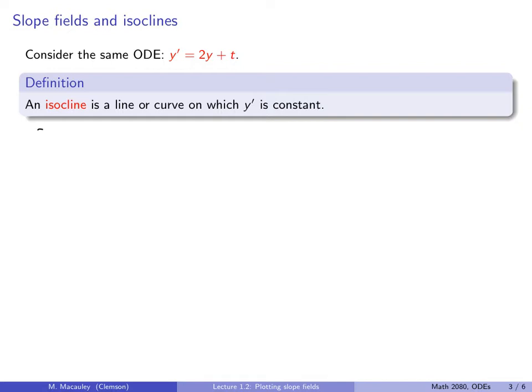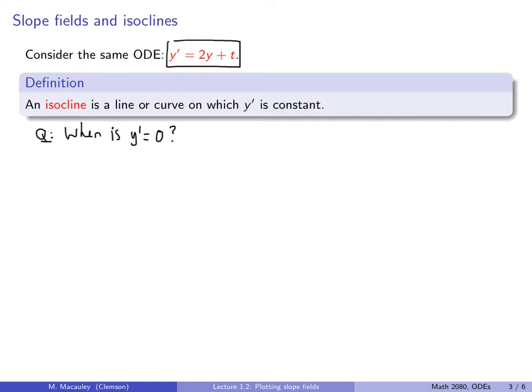So let me ask a question. The question is, when, or maybe where, is y prime equal to 0? Let's find all the points where y prime is equal to 0. So how do we do this? Well, let's take y prime and plug in 0 and solve for the remainder of the equation.